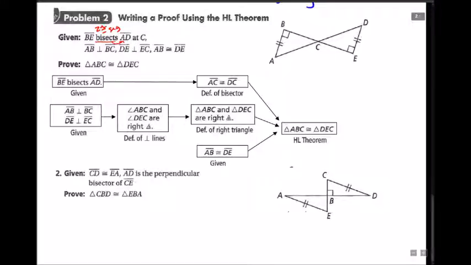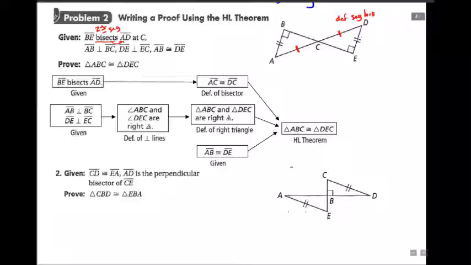Segment AD is being bisected. So segment BE cuts in half segment AD. So make sure that you are marking the appropriate segment. That's definition of segment bisector. Okay, where we got that.